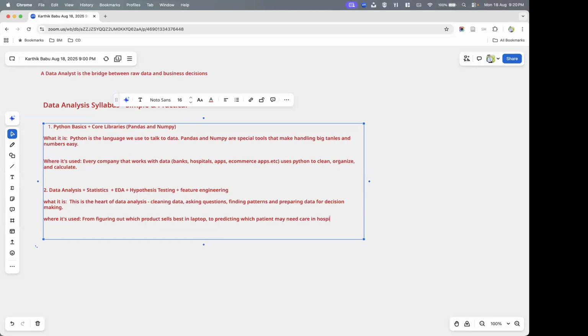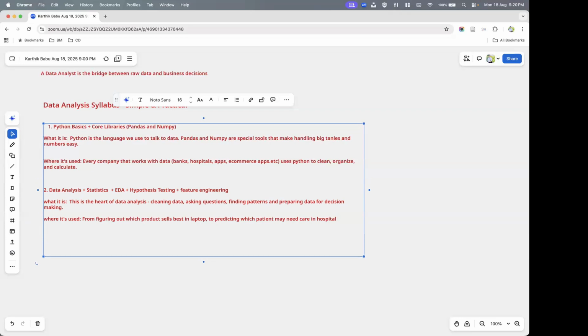These are abstract examples where I'm trying to say that if you want to find out which product has been sold the highest in a particular category, or to predict something, these concepts will be useful. Okay, can I proceed a little further?